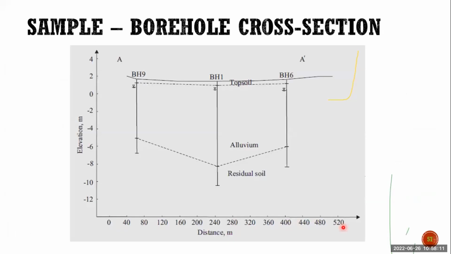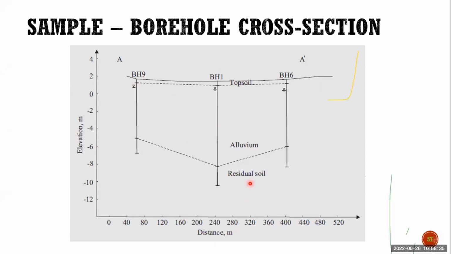You can make some sketch also with hand. You can draw some hand sketches, how the thickness varies, and you can even use graph paper, and in Excel you can do it, the thickness of the strata, topsoil, alluvium, residual soil.